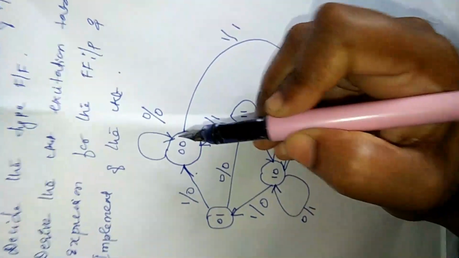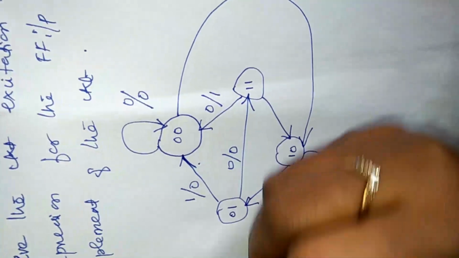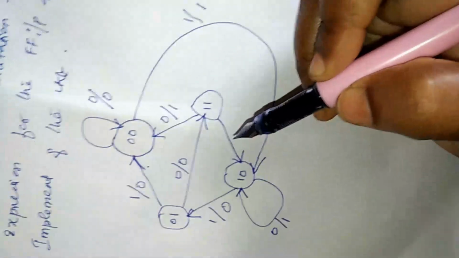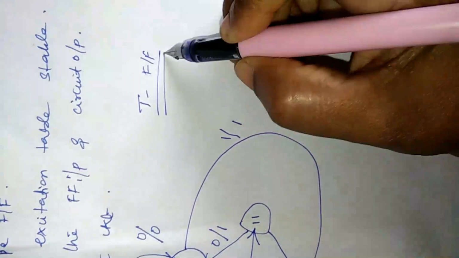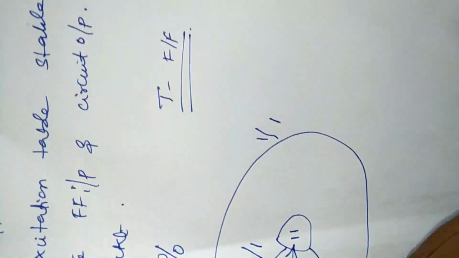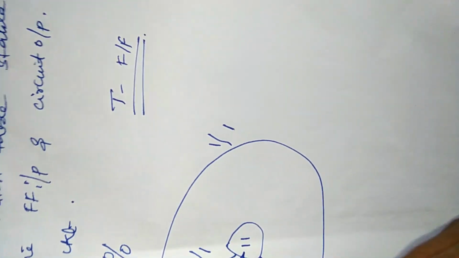So the first step is over, we have the state diagram given, and they're asking us to design the sequential circuit using T flip-flop. Kindly note that any synchronous circuit asked should be designed in the same methodology, the same steps should be carried out for any circuit given. Clear?